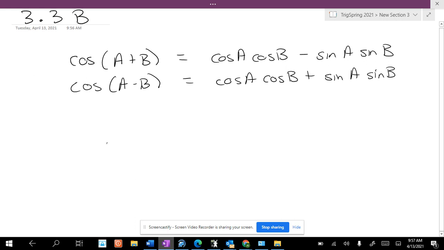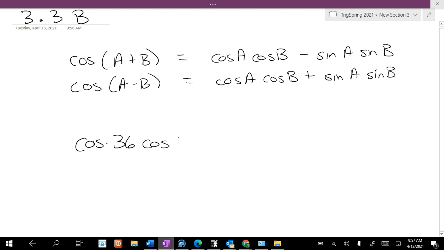So if you were given the equation, the cosine of 36 cosine of 12 minus sine of 36 sine of 12, what would this be equal to?